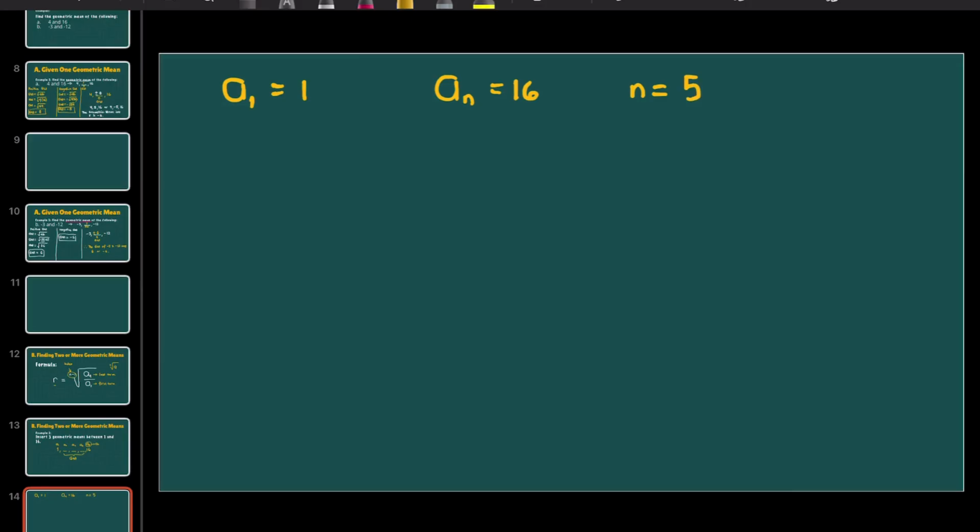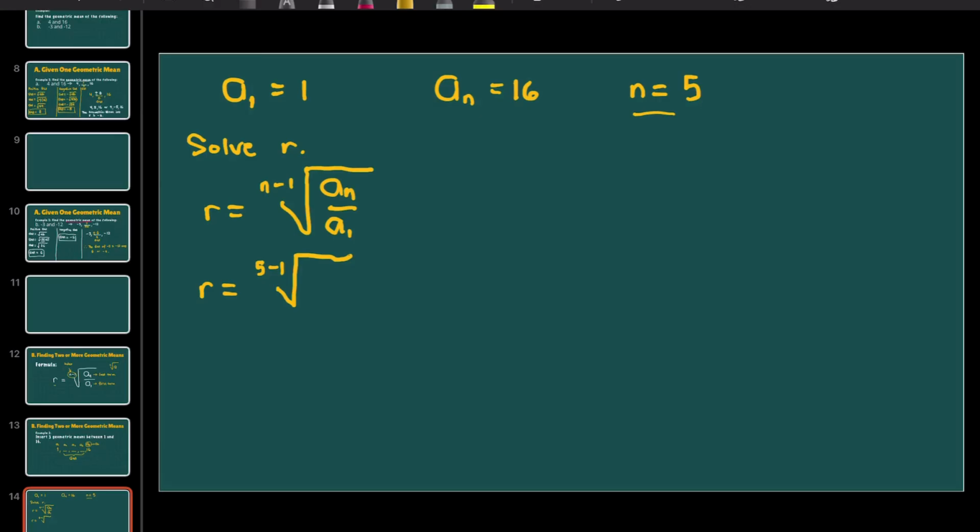So, now, let's use the formula. Let's solve for R. So, solve natin ang R, the common ratio. We have R is equal to n minus 1 root of A sub n over A sub 1. So, we have R is equal to n natin ay 5. So, 5 minus 1 root of A sub n.